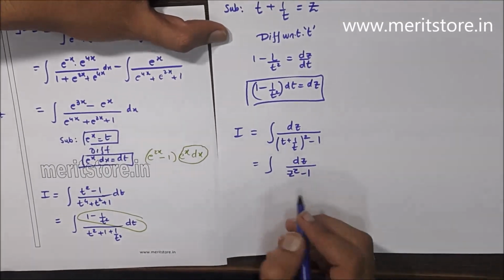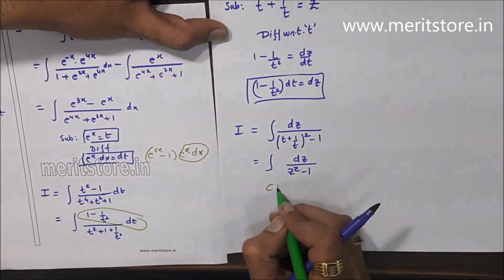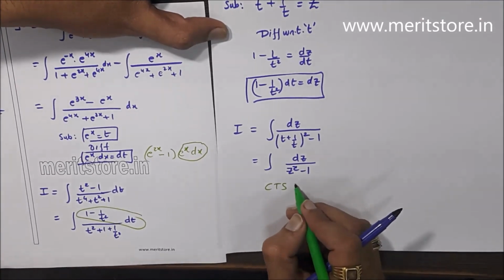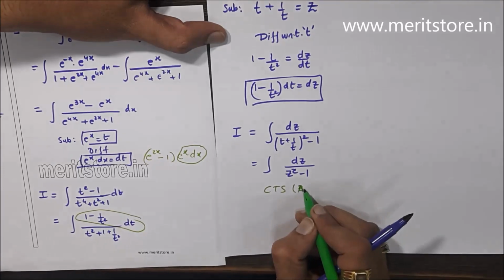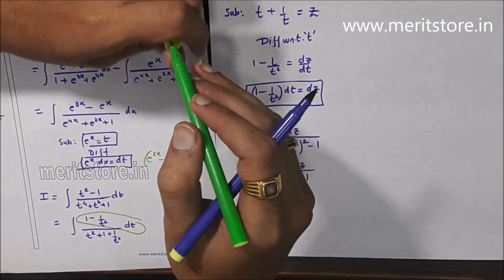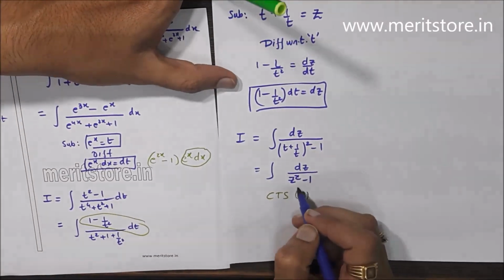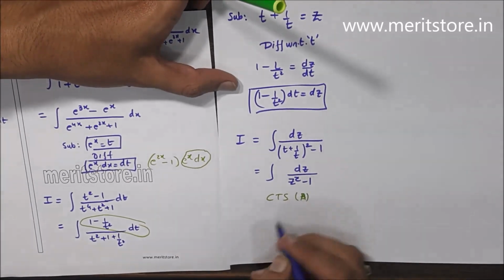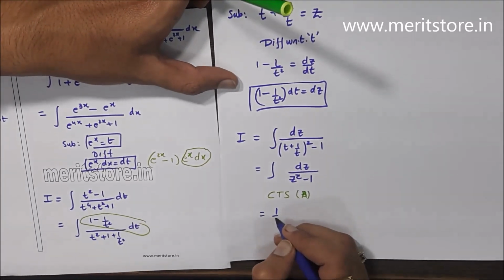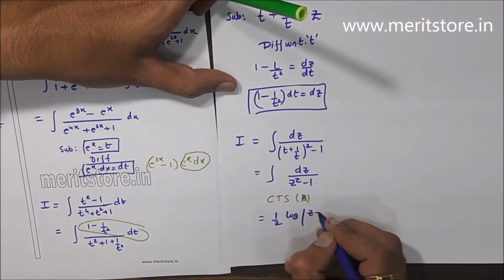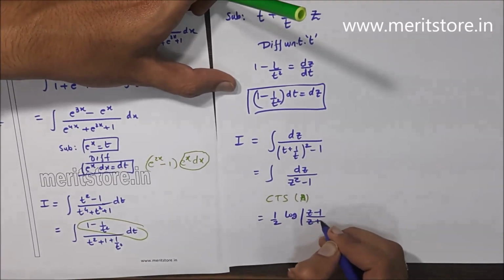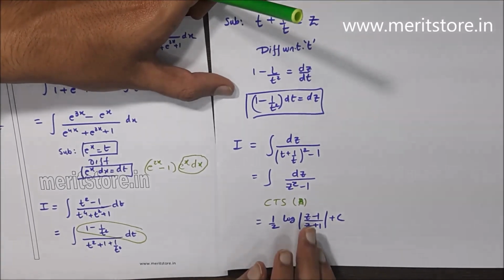Applying the formula for CTS type B, the formula for 1 upon x square minus a square, our answer would be 1 upon 2 log mod z minus 1 upon z plus 1 plus c.